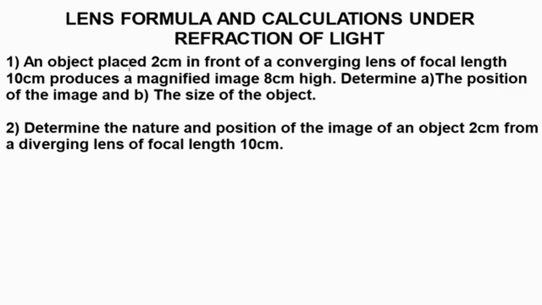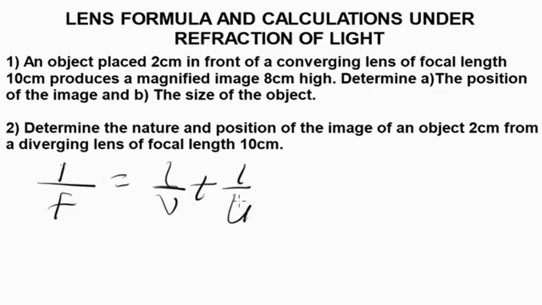So in this question, a converging lens is involved. That means our focal length will be positive. So the lens formula will be 1 over f equals 1 over v plus 1 over u, where our f is focal length, our v is image distance, and our u is the object distance.